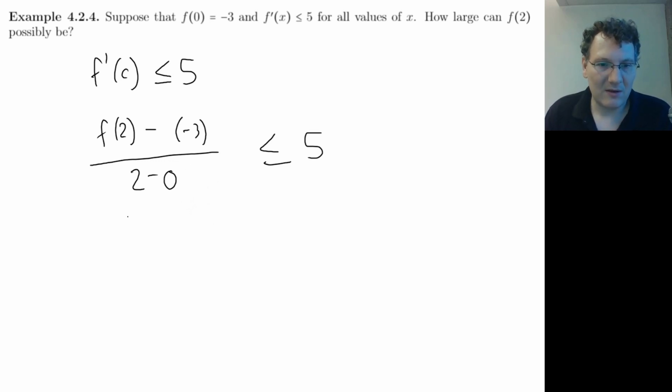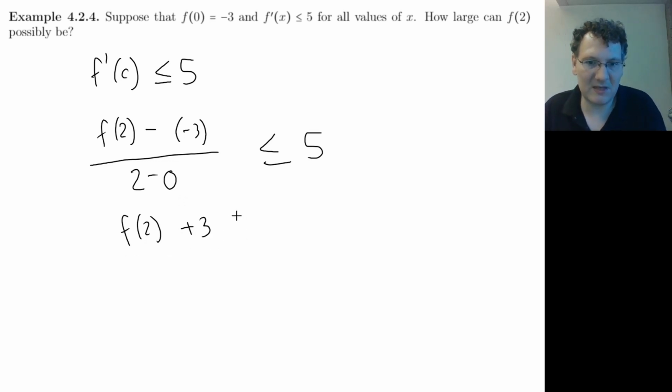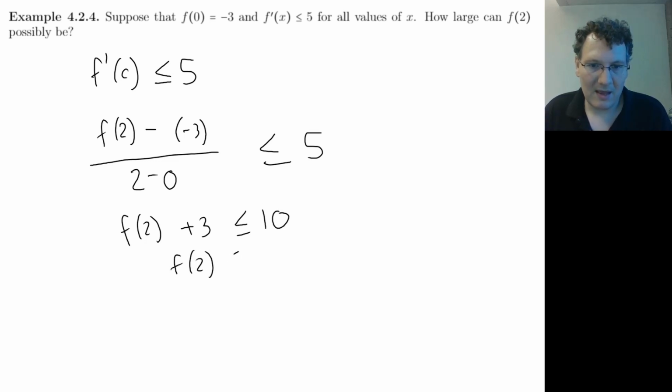So let's figure that out. f of 2 plus 3 over 2 is less than or equal to 5. Multiply both sides by 2, which gives me a 10 over here. f of 2 has to be less than or equal to 7, right?